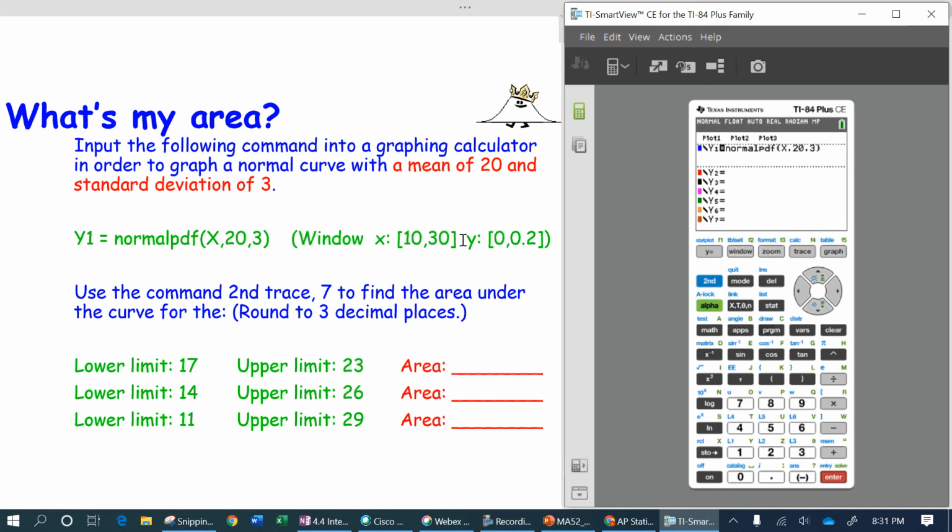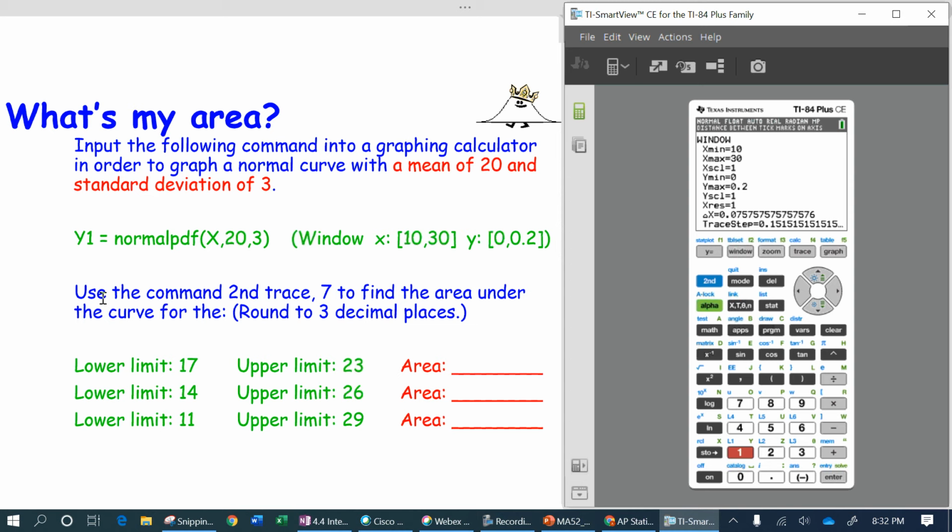Now it's also given us a window to use, so we'll go to Window, and we're going to have an x minimum of 10 and a maximum of 30. So we'll enter that in, 10 and 30. And then we'll have a y minimum of 0 and a y maximum of 0.2. We'll change that resolution scale to a 1.